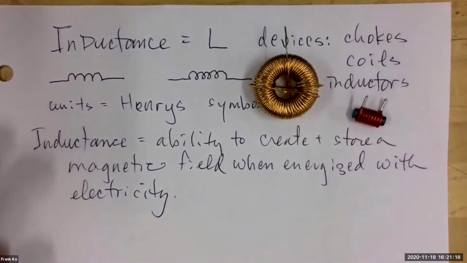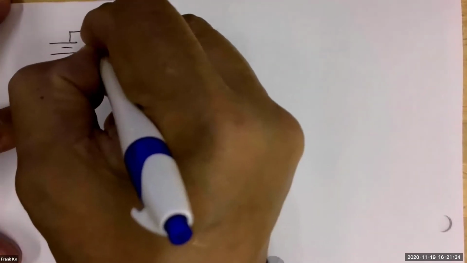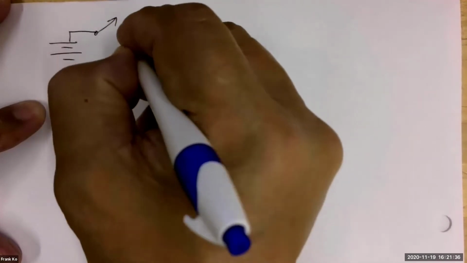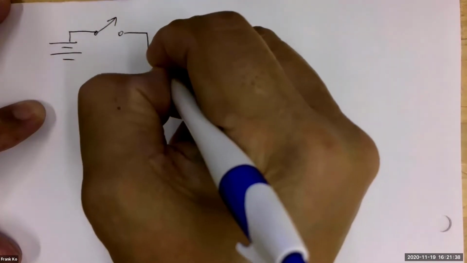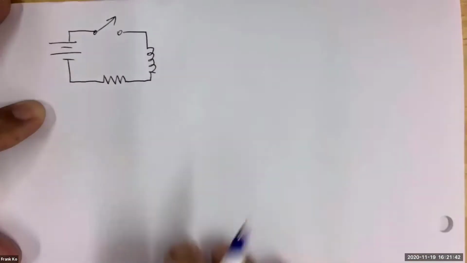So that raises a very interesting question. When we go to hook an inductor up to a voltage source, take a look at this. I'll draw a schematic here, and set a switch and put an inductor in here, and let's give us a resistor, like so.